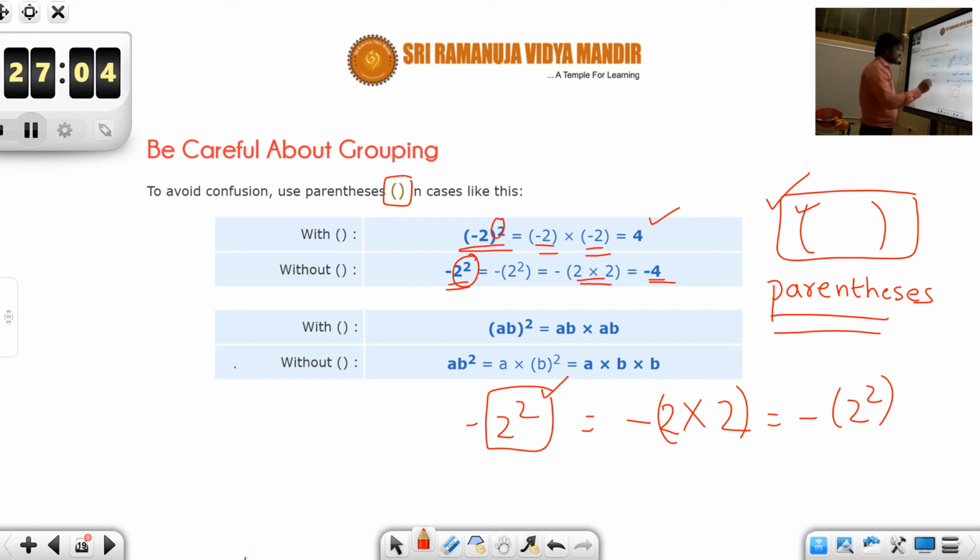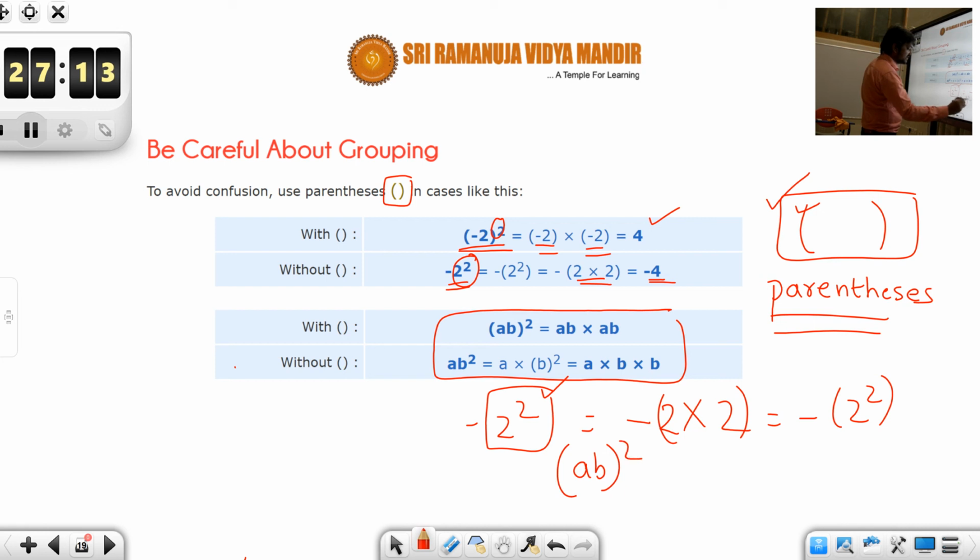Again, now we are trying to generalize. (AB) whole square we can write as AB into AB, which means this AB is repeating 2 times, that is AB into AB. Whereas if you look at A B square, here only B is repeating 2 times.